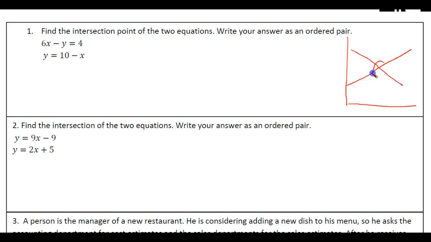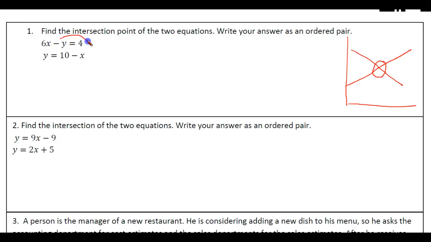So we're trying to see where these lines would intersect if we were to graph them, but we can find them out algebraically. So the strategy, I think, would be to put them in slope-intercept form.